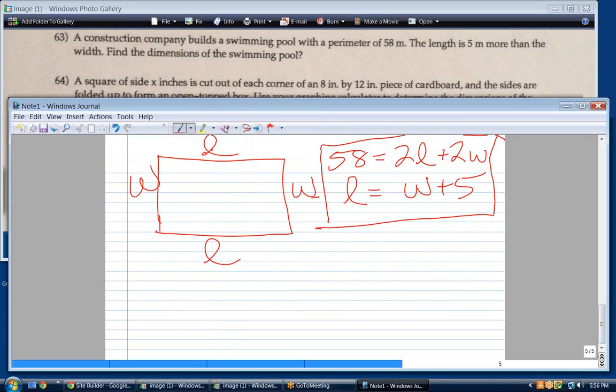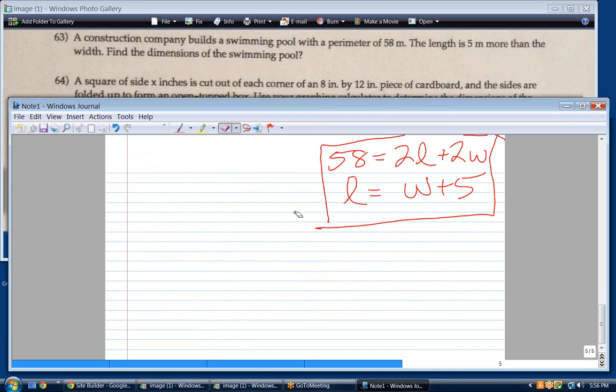So solve these 2 equations for me. And tell me how you're going to solve it. What are your 2 primary methods? What are the 2 methods for solving 2 equations, simultaneous equations? Substitution and elimination. What are we going to use here?